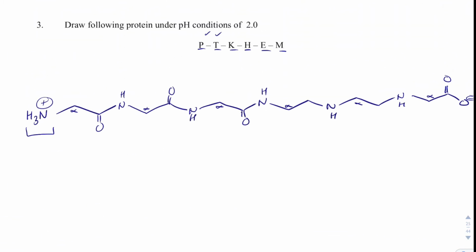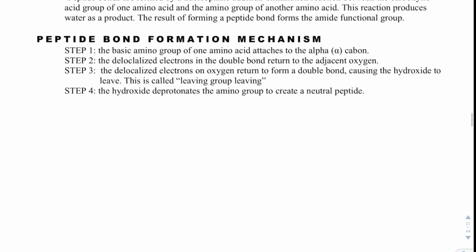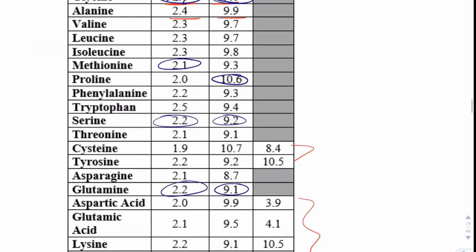Now, here's what's weird about proline. Proline makes a 5-membered ring and always has 1 less H. So proline actually looks like that. Nitrogen has 4 bonds, so it'll be positively charged. We have T. T is probably tryptophan, but we'll see here.